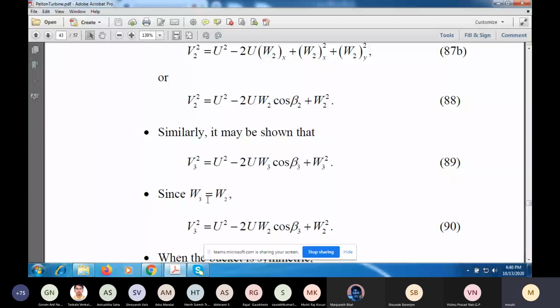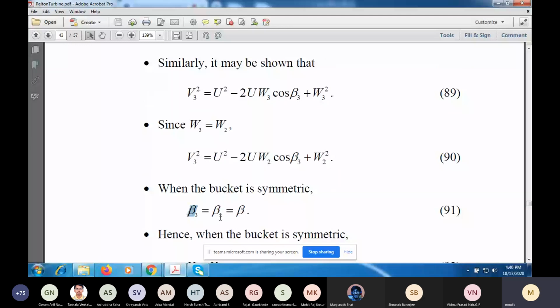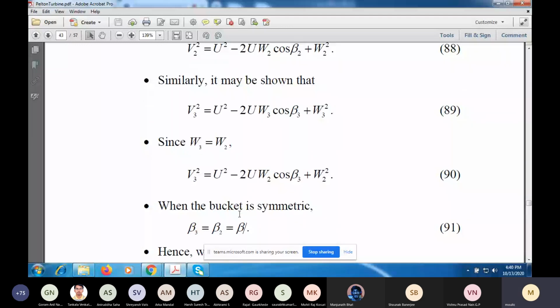Now we have shown that if the potential energy change is negligible and the fluid is inviscid, then W3 is equal to W2 and both are equal to W1, which is Vj minus U. And if the blade is symmetric, then beta 3 and beta 2 are the same, and I was just referring to it as beta. So equation number 90 and equation number 88 will have the same right hand side.